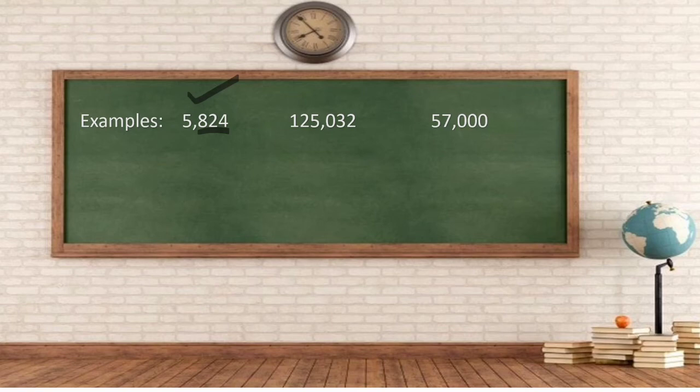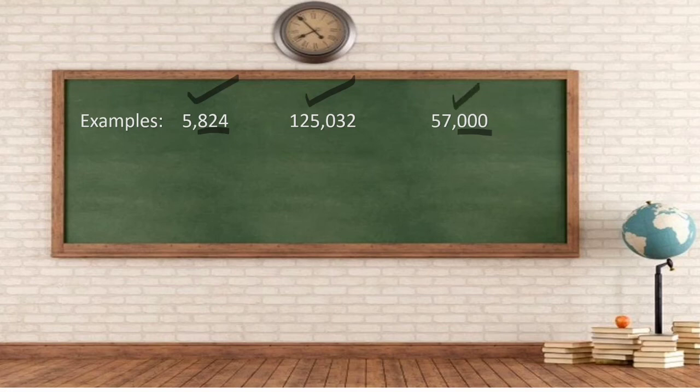The last 3 digits are 0, 3, and 2. These digits are divisible by 8. So this number is divisible by 8. How about 57,000? Yes, because it ends with 3 zeros.